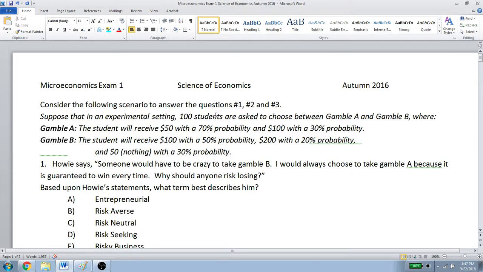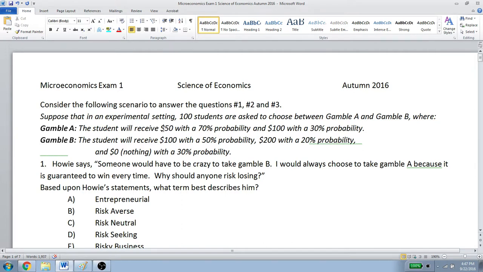Now we're going to look at this scenario for answers to questions 1, 2, and 3. Suppose that there's an experiment. There's 100 students. They're asked to choose between Gamble A and Gamble B. Gamble A has a $50 prize. 70% of the time it pays out. That has an expected value of $35 because 70% of $50 is $35.